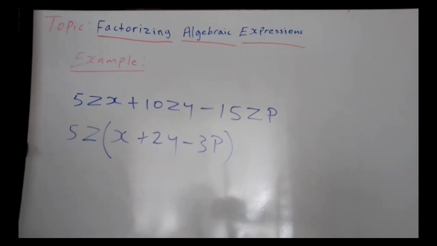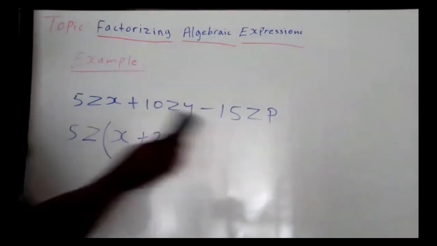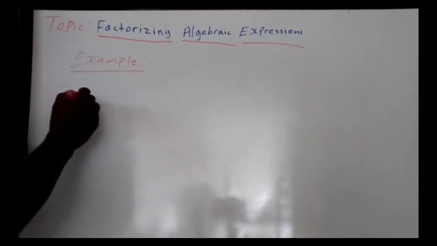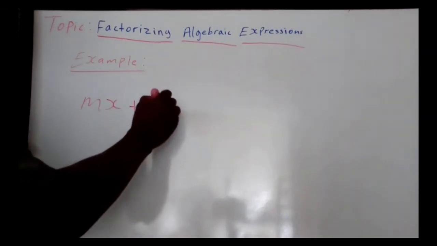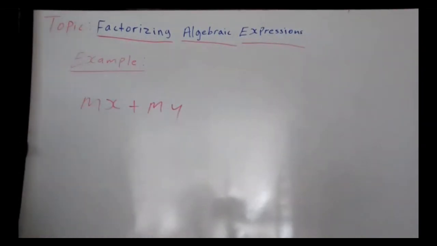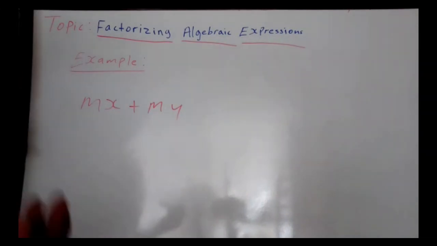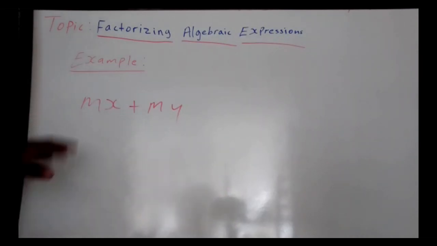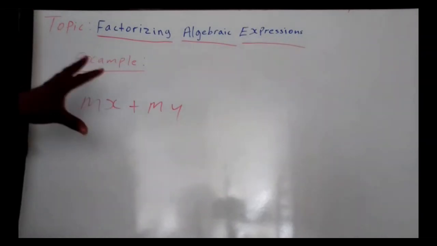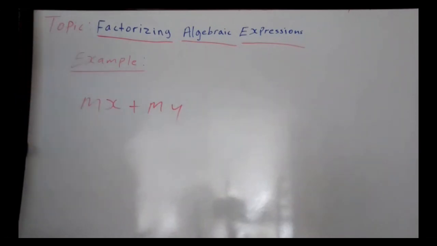Alright, so we are going to do another example. What if you were given mx plus my? This time we have two terms, but we only have letters. As I mentioned before, first thing you need to do is to look to see what is common in each term.